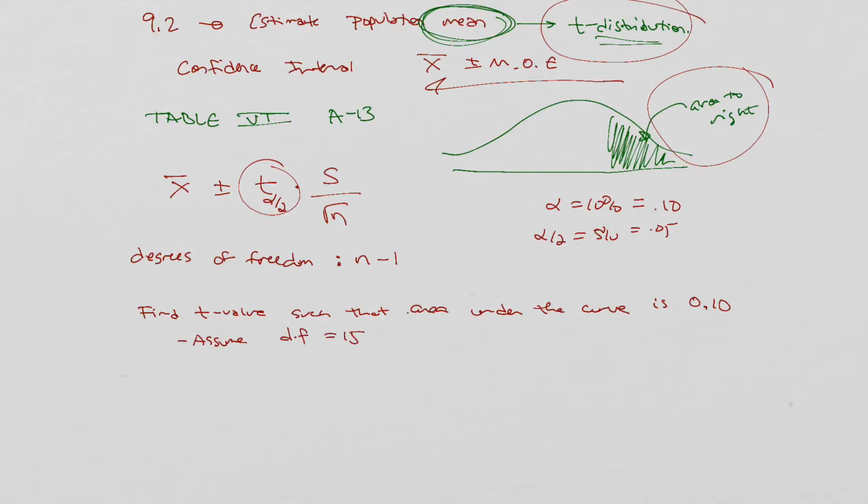In terms of the notation we were using before, we want to find t of 0.10. In this case, I'm not dividing by 2, I'm just using t of alpha here. So t of 0.10 with degrees of freedom of 15, which some places will denote like this.